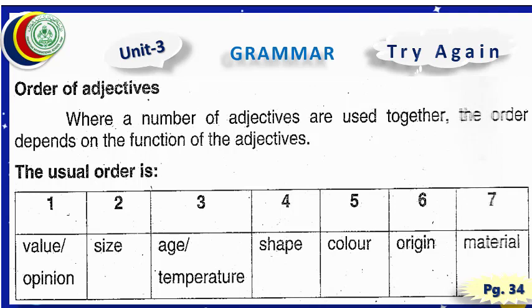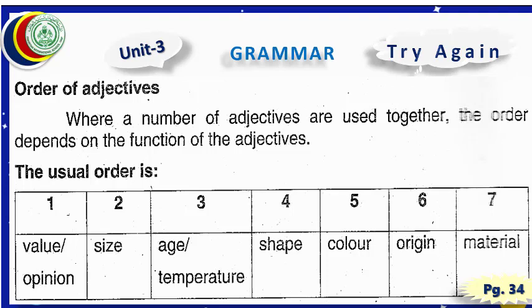Dear students, we have learned about adjectives. We have learned about the degrees of adjectives, which are positive, comparative, and superlative. Dear students, sometimes it happens we have several adjectives for a noun. In that case, it is difficult for us to decide which adjective will be written first, which one will be at second place, and so on.